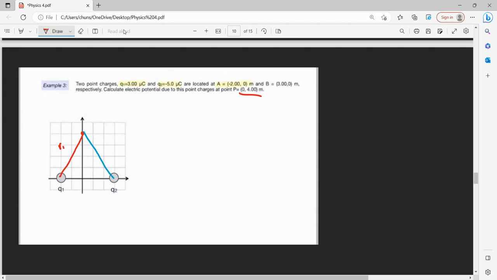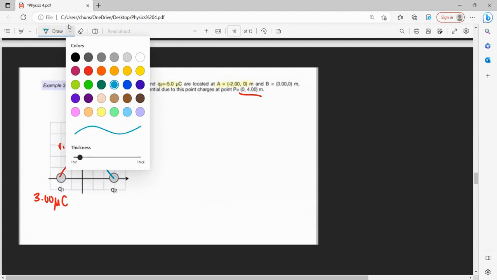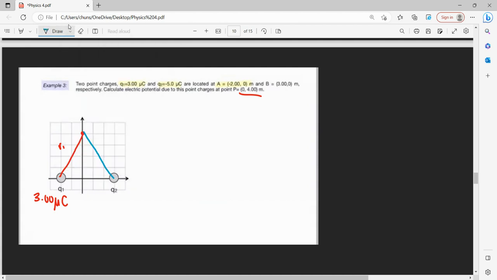For Q1, we're going to need this separation distance of R1, where our Q1 is 3 microcoulombs, and our charge of Q2 is negative 5 microcoulombs at separation distance R2.